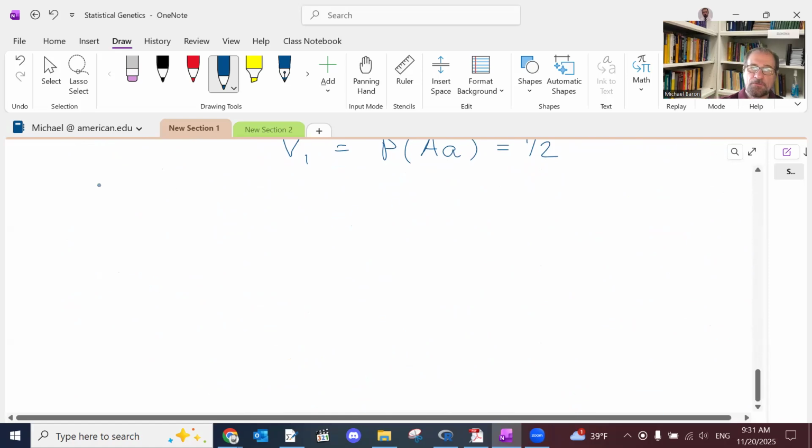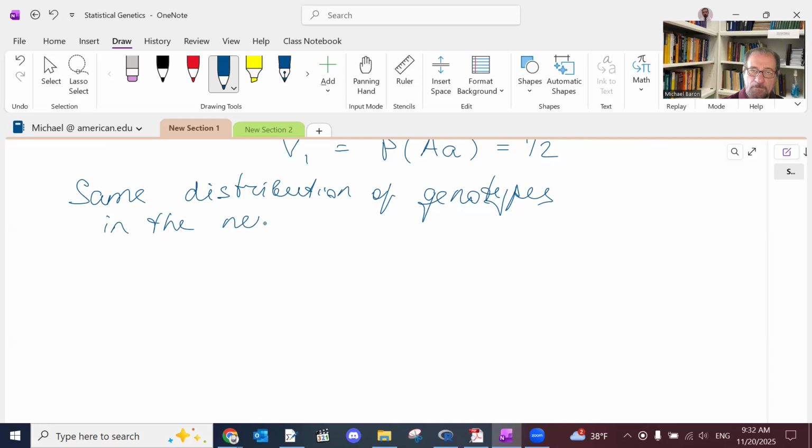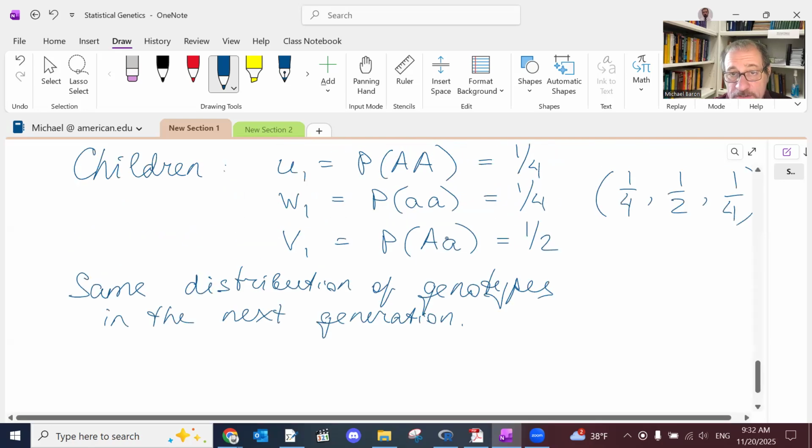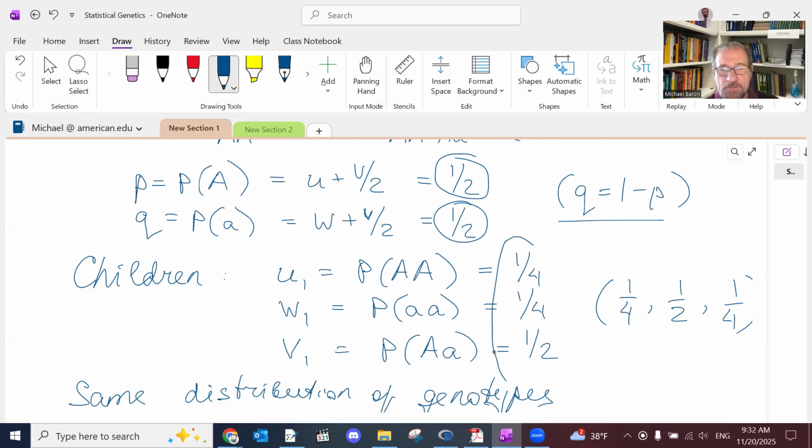Let's conclude. We get the same distribution of genotypes in the next generation. We started from different distributions, actually two extremes, but in one generation, we already converged to the same distribution.